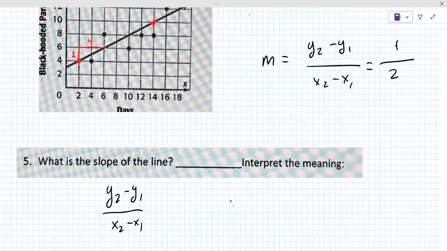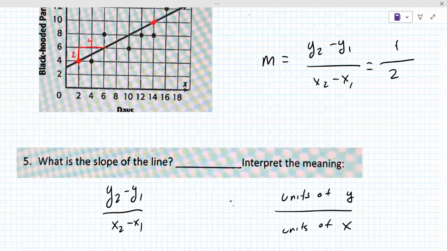So it's the units of Y over the units of X. So it's 1/2 bird per day, or 1 bird per 2 days. Got it. 1/2 bird per day, but it's really like 1 more bird every 2 days that you're seeing.